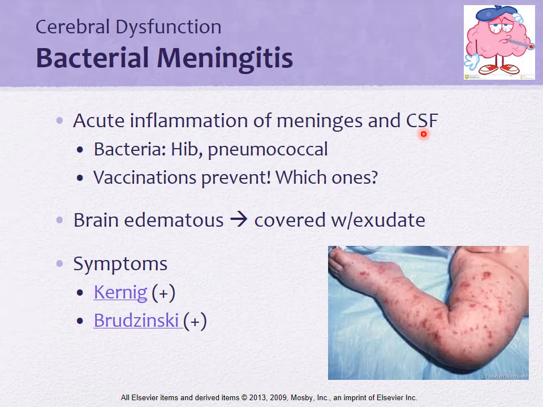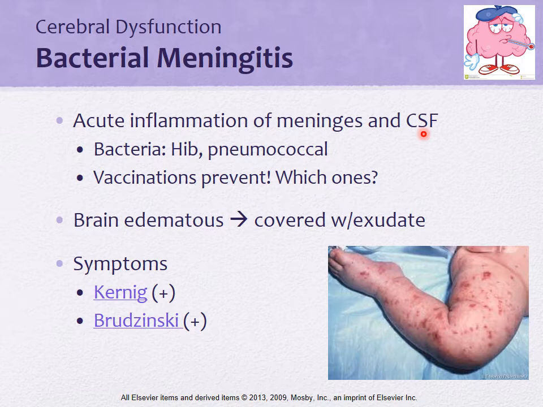All right. So their brain becomes very edematous, and it actually is covered with exudate. Remember those areas that were affected, where the meninges are, there's exudate in there. It's really bad. In a baby, what you'll typically see symptom-wise is poor feeding, fontanelles that are bulging, vomiting, a high-pitched cry, all those things that may be symptoms of increased ICP.